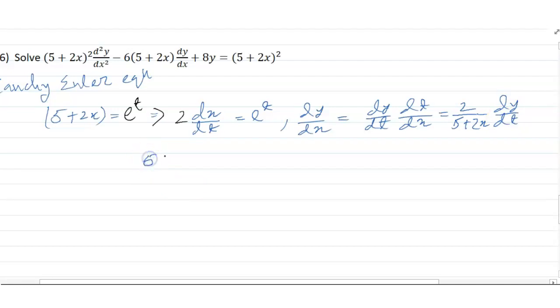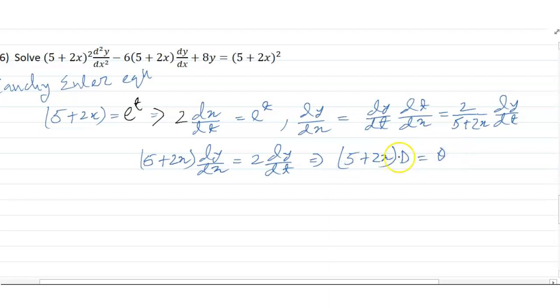So I can write (5 + 2x) into dy by dx equals 2 into dy by dt, and it can be written this way: (5 + 2x) into capital D is equal to theta, is equal to 2 theta.